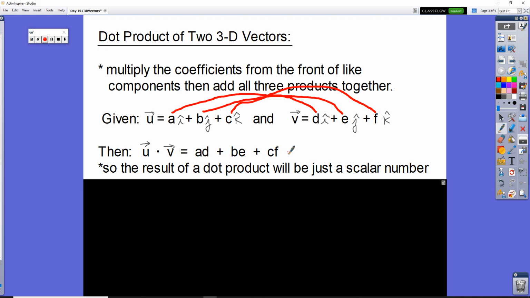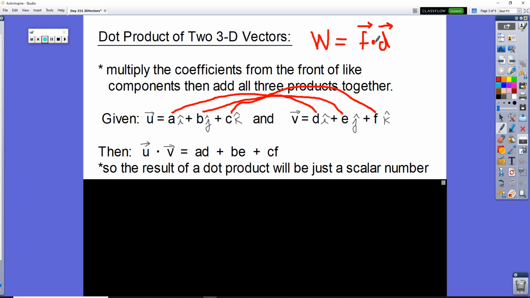Now, in physics, if you are taking physics, I'm sure that you've seen this formula. Work equals force times displacement. But we know that force is actually a vector because it has to have direction. And displacement is actually a vector, but work is not a vector. Work is a scalar.